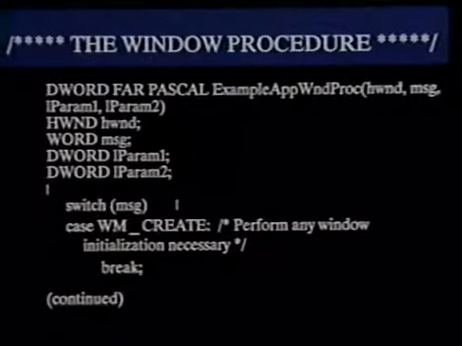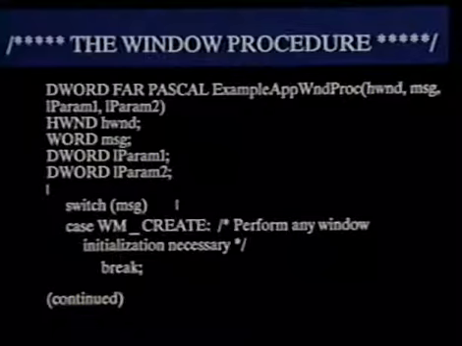The window proc consists of a switch statement that switches on the messages that come in, and then we have case statements that respond to the particular messages that we expect to get and need to do something with. Notice that in the procedure header at the top, we have var Pascal as keywords in there.